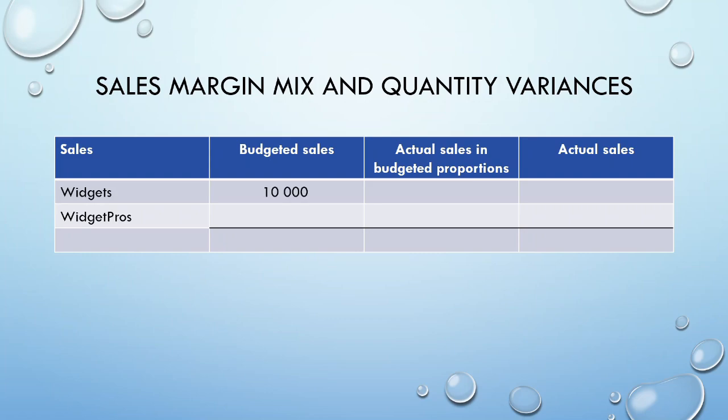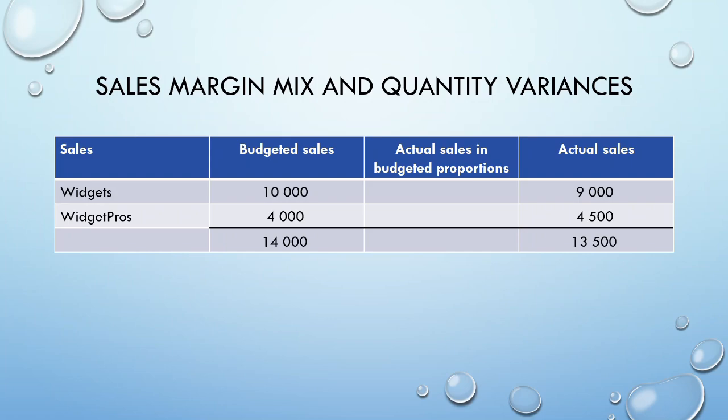The extended information informed us that we had budgeted to sell 4,000 widget pros. This gives us a total budgeted sales of 14,000 units. If we consider the actual information, we actually sold 9,000 widgets and 4,500 widget pros. This gave us total sales of 13,500 units.